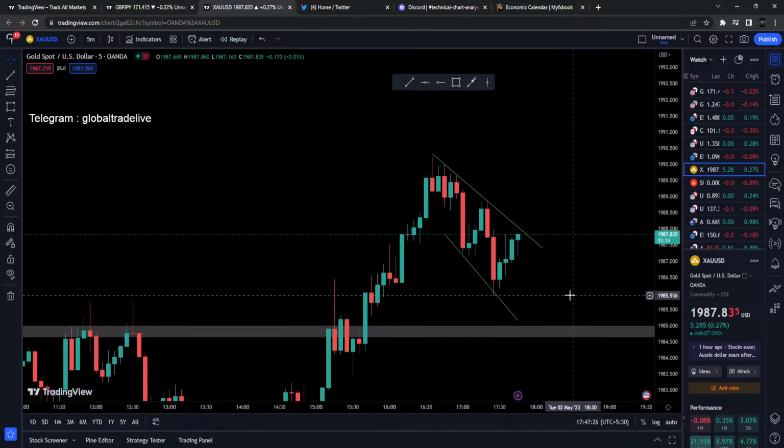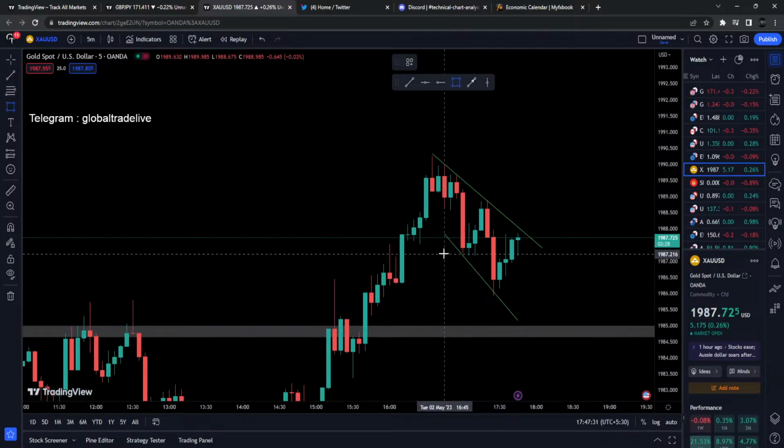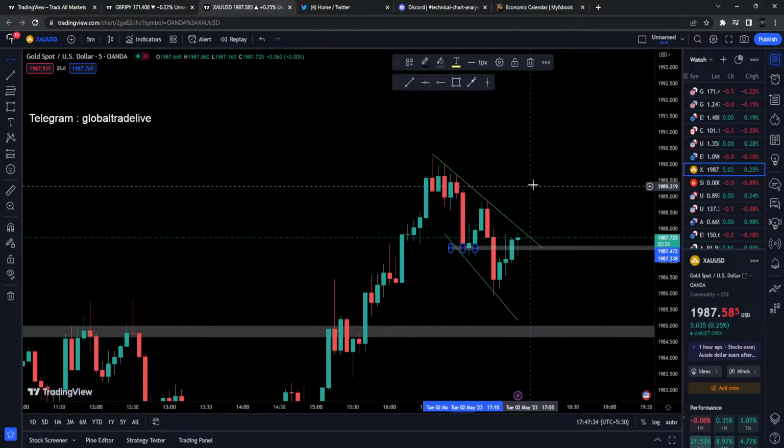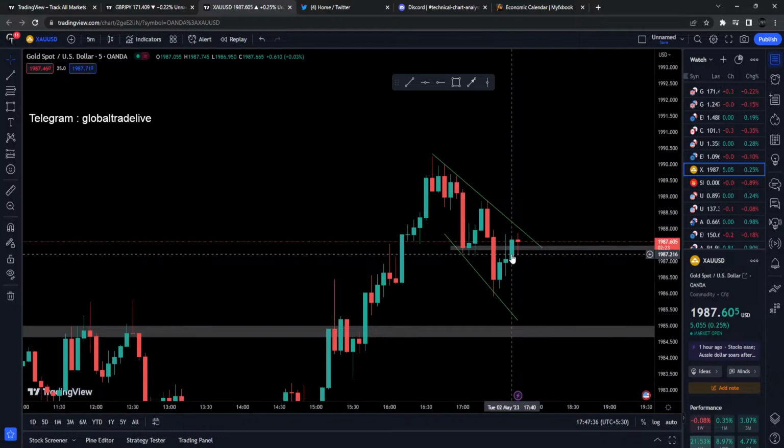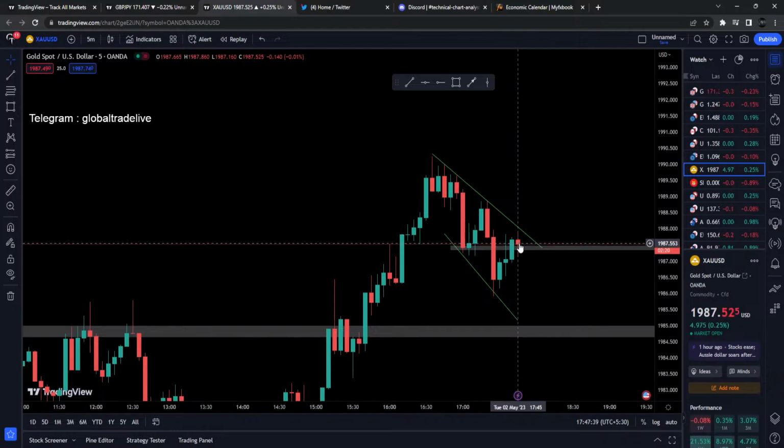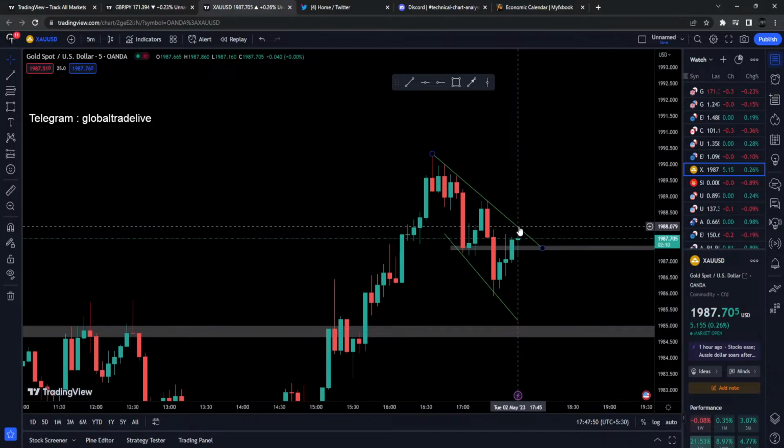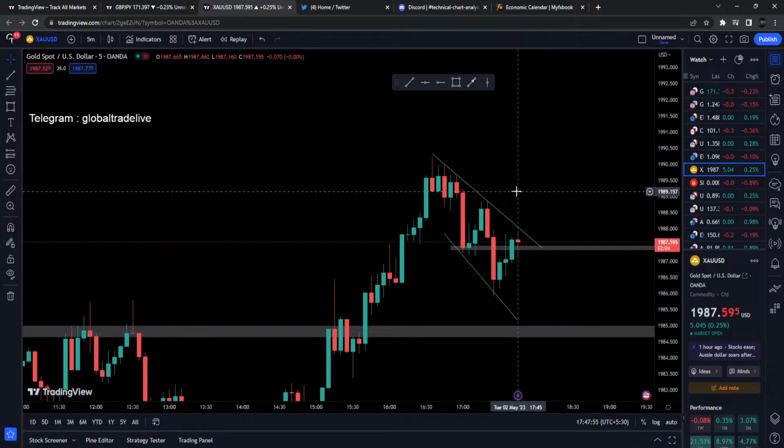Let's carefully look at what it's doing right now, because if I draw a small area of support over here, then we can clearly see that this candle closed above, and this candle is also rejecting this area. And if it tries to push the price up and hits the trend line again and again, that will mean it's really trying to push the price up. That will also indicate that the volume is increasing in the market in terms of buys. Okay, so the buyers are increasing.